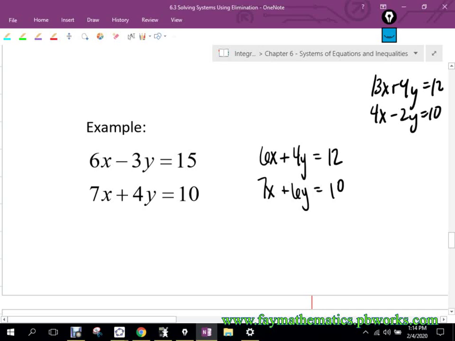My hope is that you see that the y's would be the easiest to cancel. I can multiply the bottom one by 2 and the y's cancel. But if I multiply the top one by 4 and the bottom one by 13, one of them being negative, does that get my x's to cancel? Yes. So inside the structure, there's information that you can use as your multipliers.